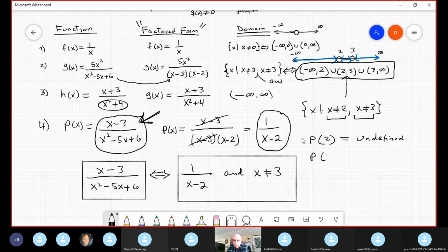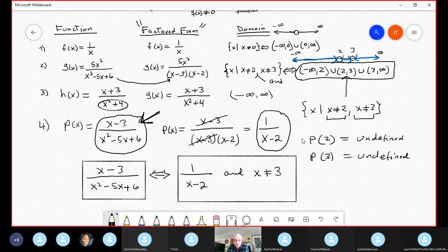But P at 3 is also undefined, because it's 3 in the denominator. Both 3 and 2 are restrictions.